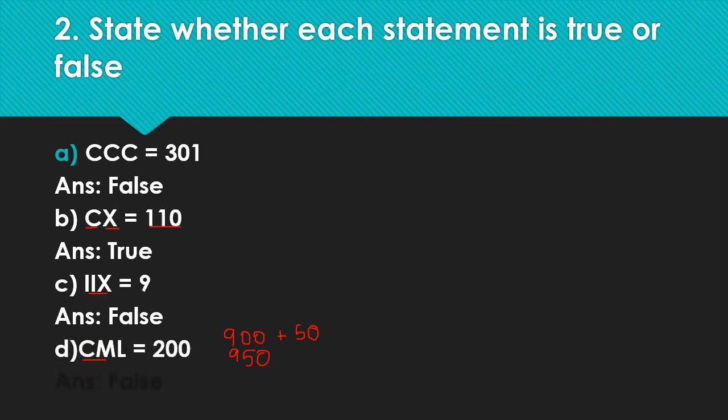Next, CML, which is equal to 200. So we will check whether it is correct or not. So what is C? C is 100. Then M is 1000. So smaller numeral with a greater numeral. So you will get M minus C, that is 1000 minus 100, you will get 900.